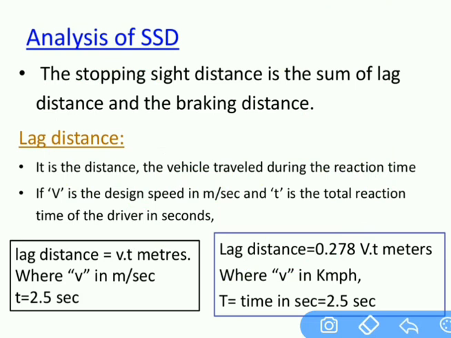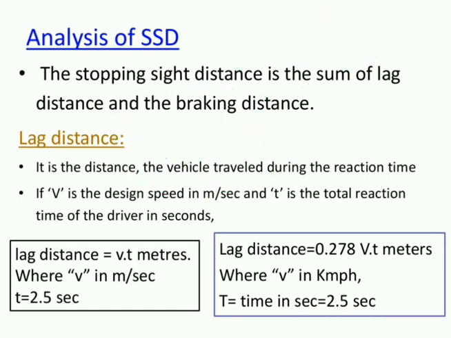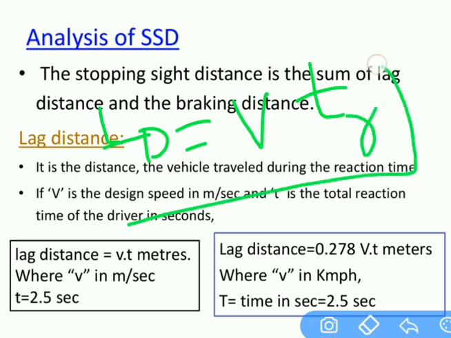We know one formula: speed is equal to distance by time. Then distance is equal to speed into time. So lag distance is equal to velocity into time. Which time? Reaction time.